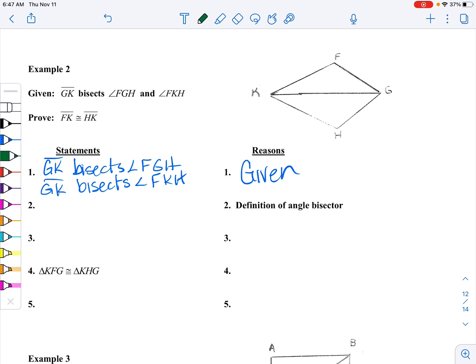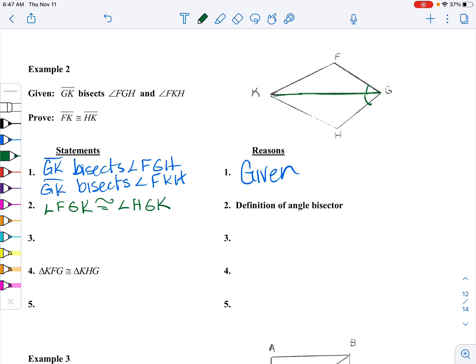Okay, now the definition of a bisector is that if it's a segment bisector, it cuts the segment into two equal parts. If it's an angle bisector, it cuts the angle into two equal parts. So for angle FGH, since this line cuts it into two equal halves, those two angles are going to be congruent. So angle FGK is going to be congruent to angle HGK.